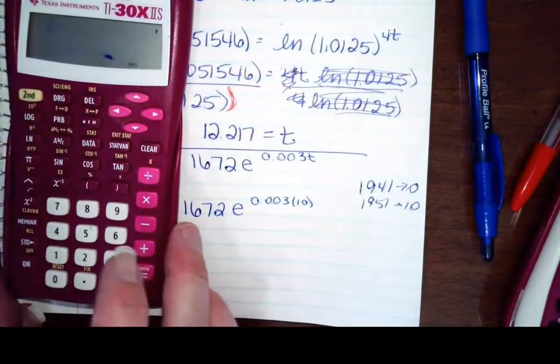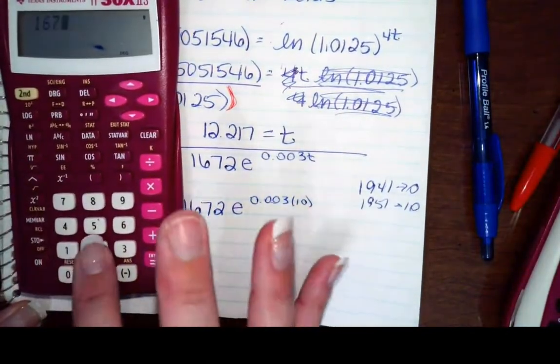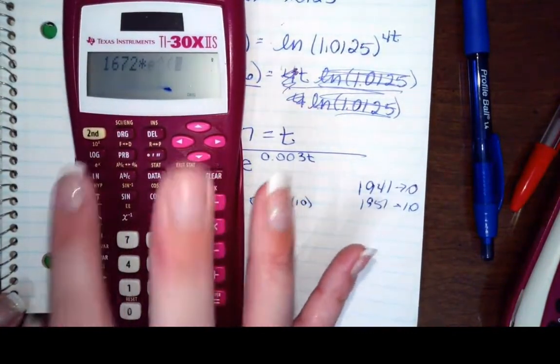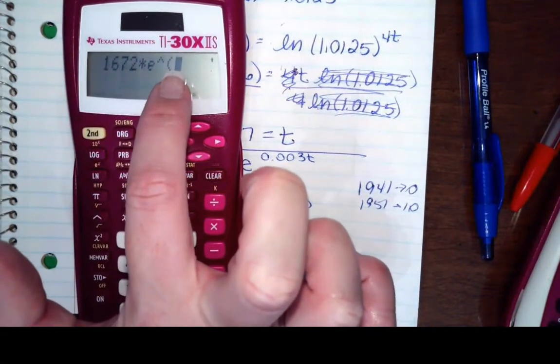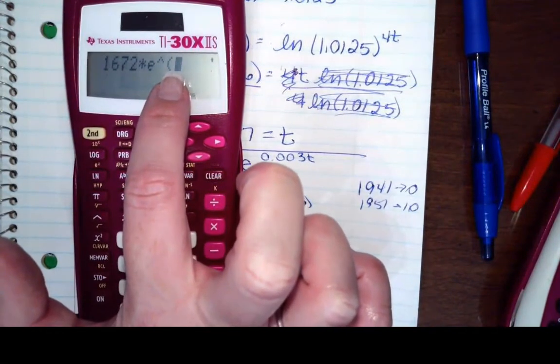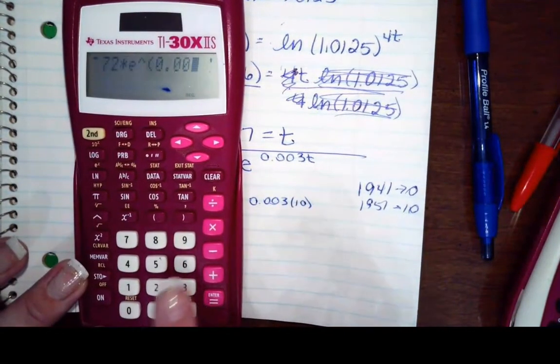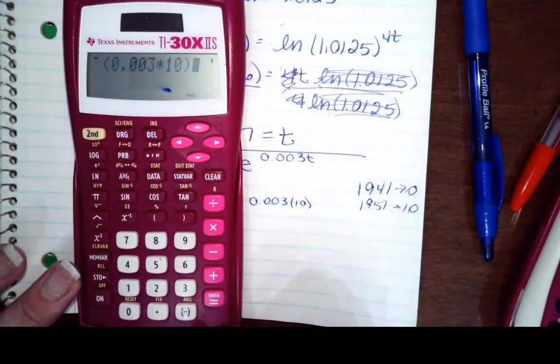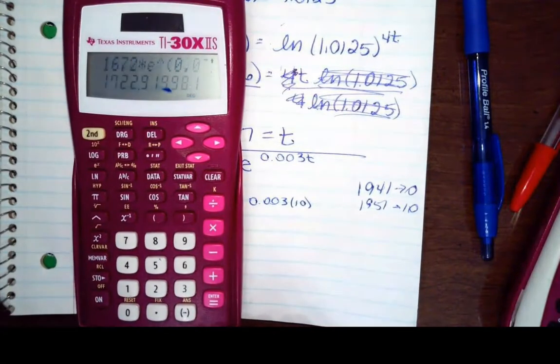Now we're going to make our calculator do this work. I've got 1672 times e to the, and notice when I hit e to the, it opens up a set of parentheses. So I'm going to say 0.003 times 10, close that exponent, and hit enter.